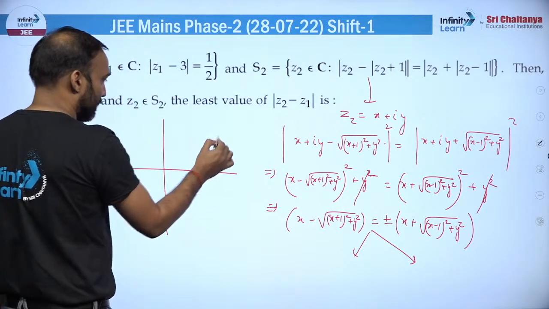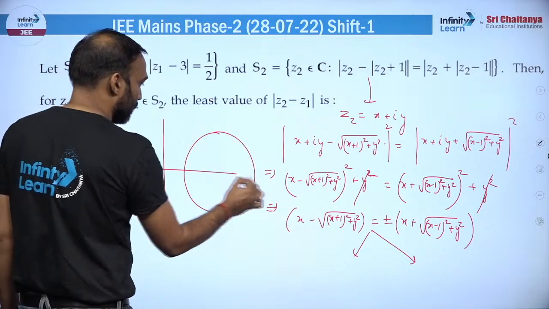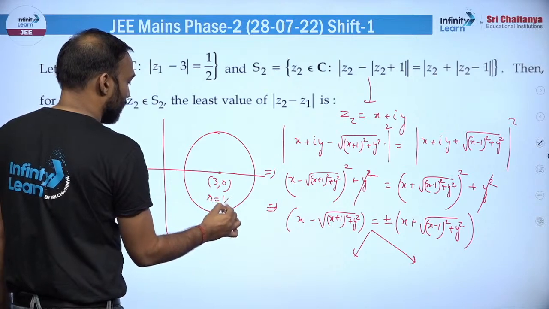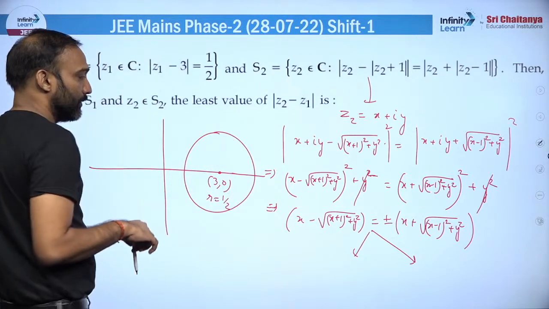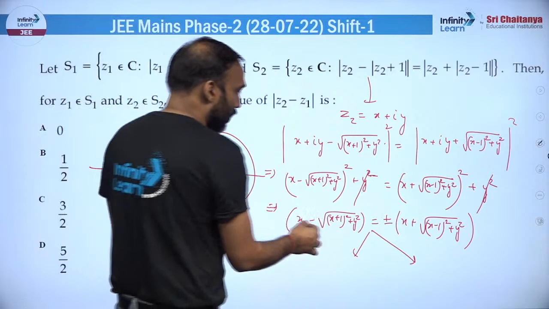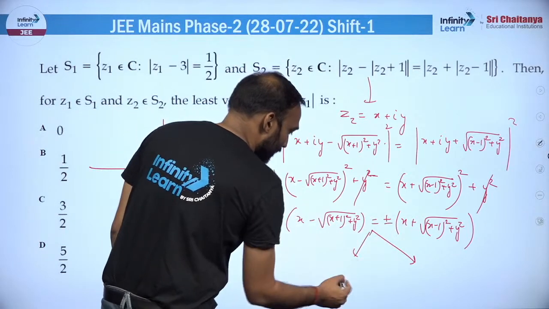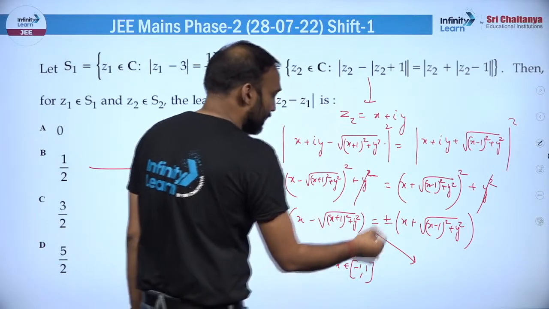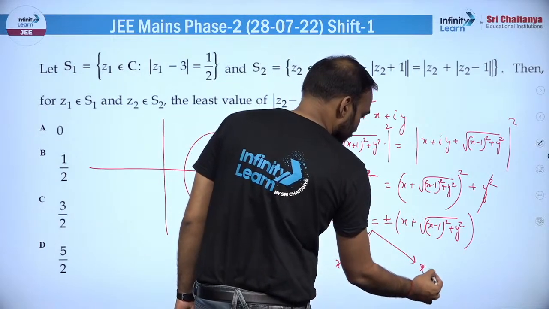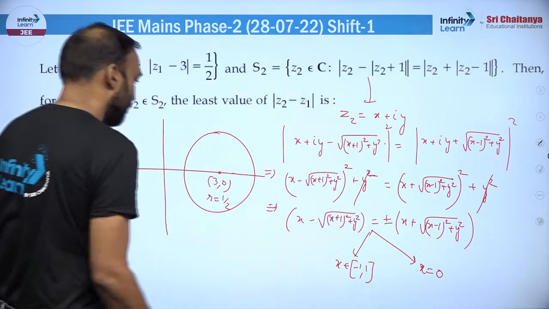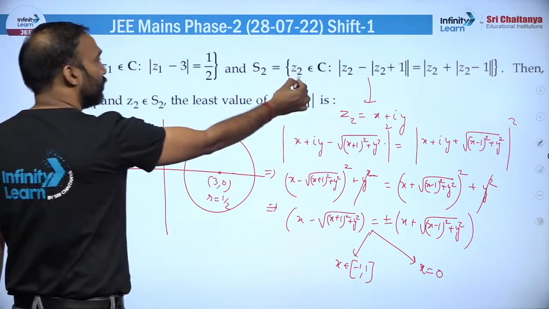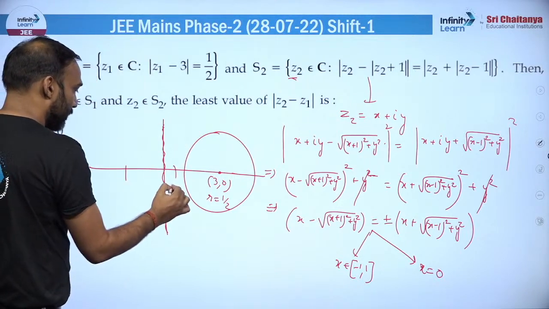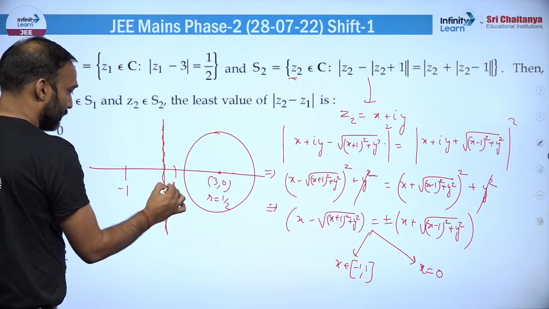So Z1 is basically a circle over here with center (3, 0) and radius equal to half. Z1 is moving on this particular circle, right? If you solve these two equations, you will get x belongs to minus 1 to 1, that is your first solution. The other solution you will get is x equal to 0. Which means your curve Z2 will lie either on the imaginary axis or between 1 and minus 1.